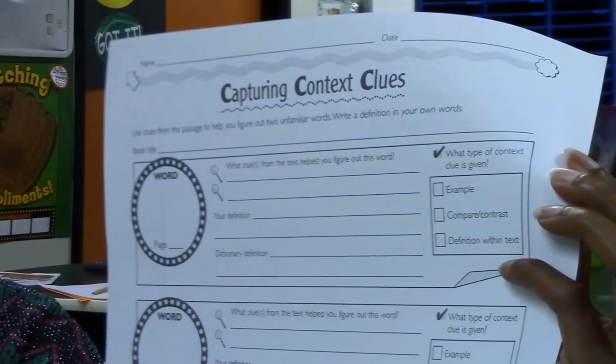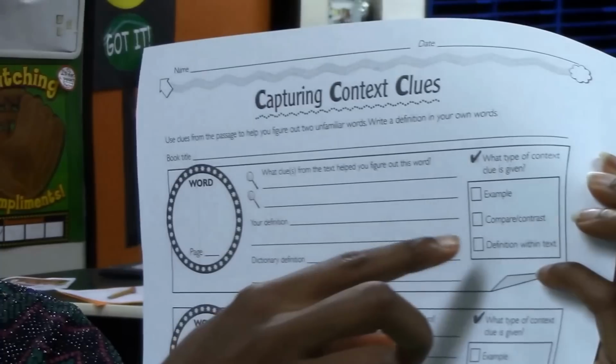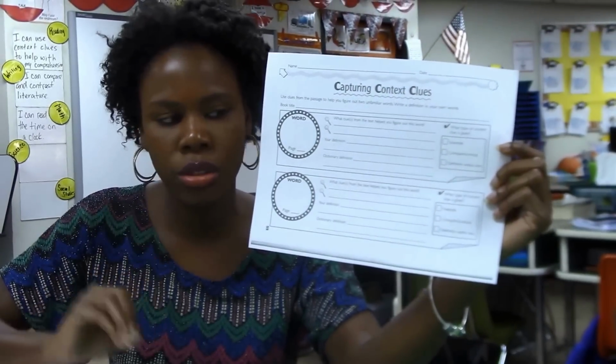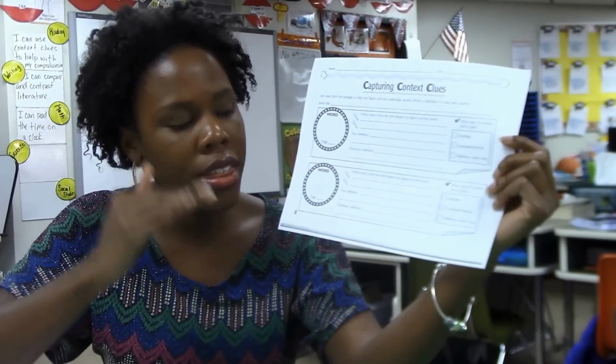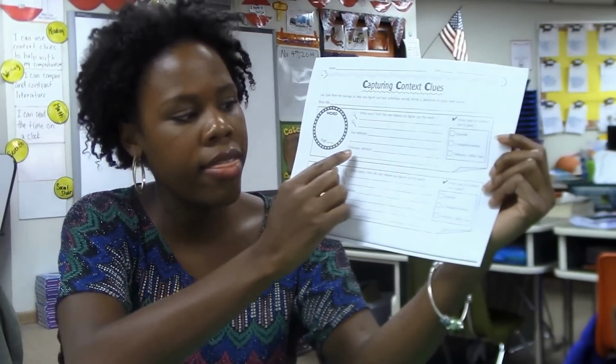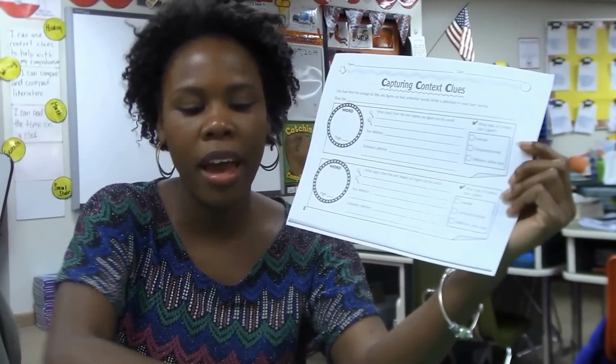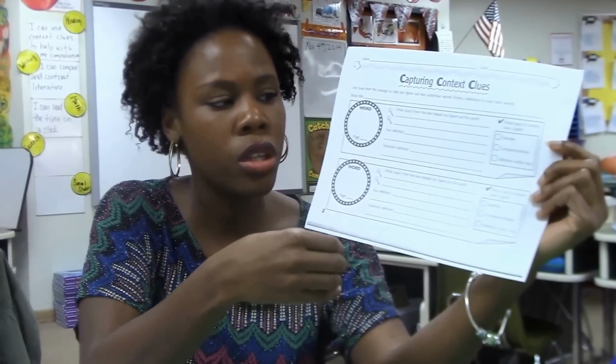Was there some comparing and contrasting in their text, or was the definition within the text? So I really like this graphic organizer. It just gets a little deeper into the context clues, and then they take it a step further and they find the dictionary definition, because usually my higher scholars are able to do this, but they move a lot faster, so this is also engaging them in their dictionary skills as well.